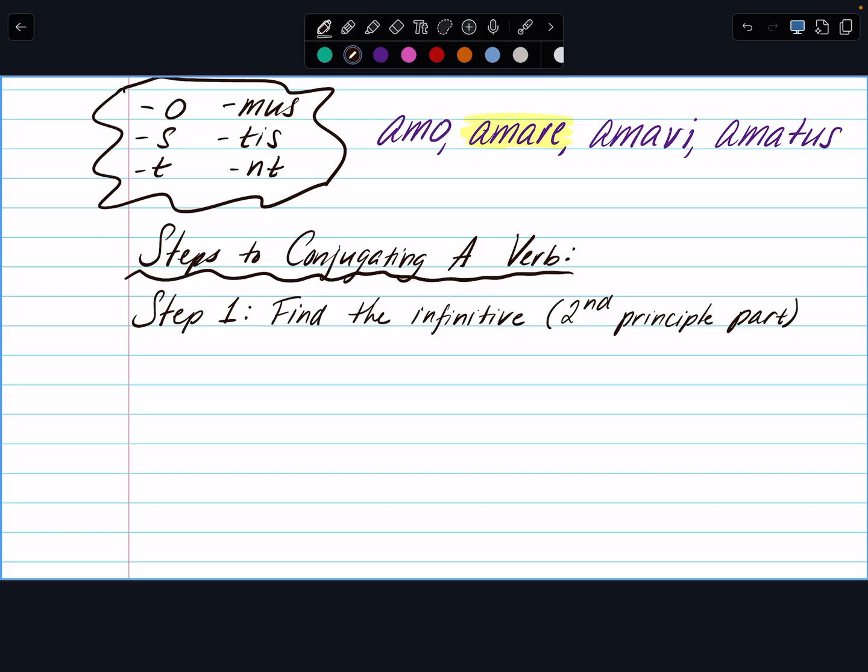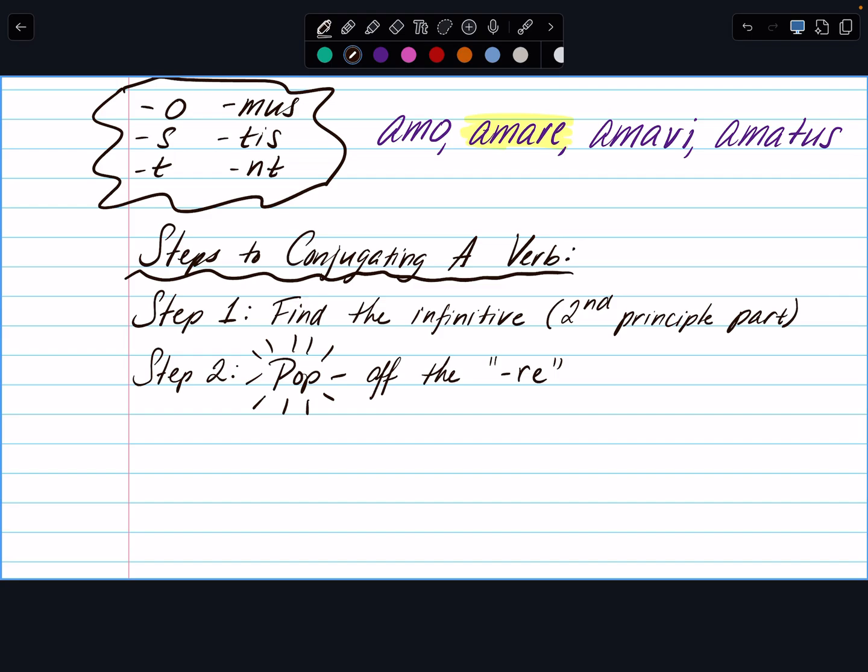Then we're going to do step 2. That's easy, there's only 4 steps. This is easy. The second step: you found something, now you've got to take something away. You've got to remove something before you can add something. You pop off the RE.